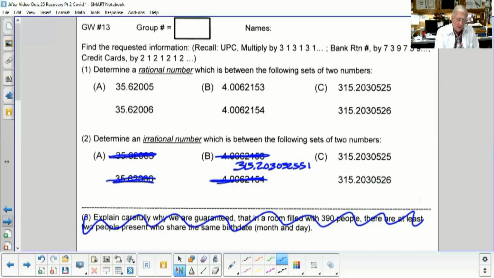So let's do 1, 2, 1, 2, 2, 1 followed by 3 2s, 1 followed by 4 2s, 1 followed by 5 2s, and 3 dots. That is definitely an irrational number showing a growing pattern, and it is between the 2 given numbers. I didn't leave you much room to do those, did I? So I figured I'd better do that.